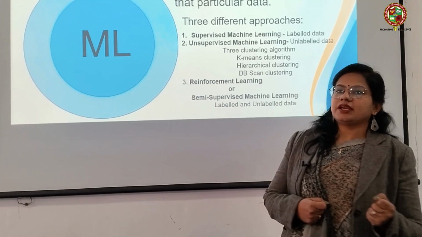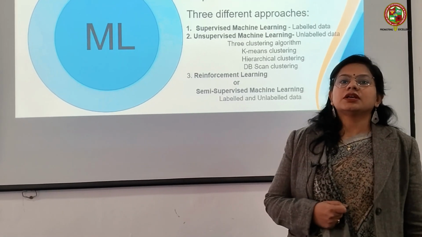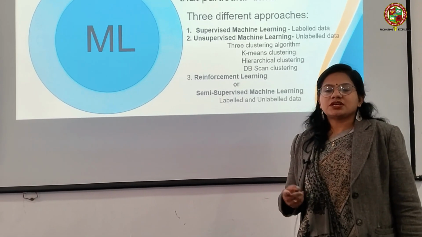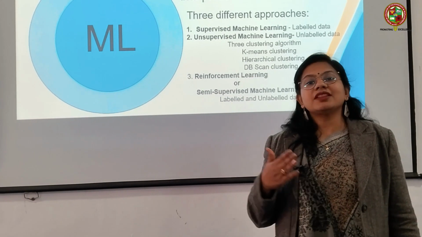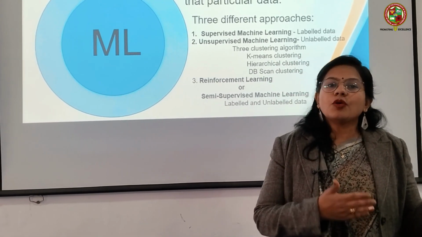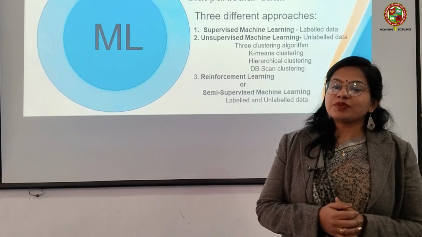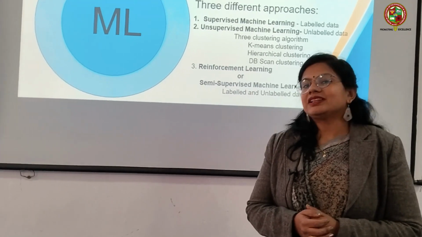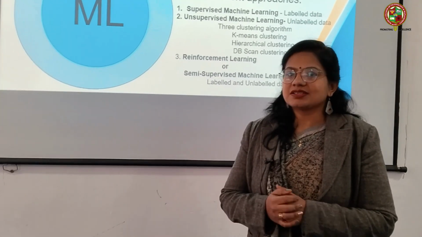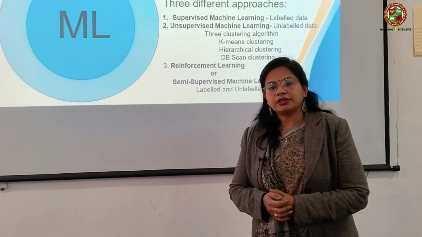Consider our data set with two features, let's say height and weight. Using these two features, we have to find out whether a particular person falls in the obese category or in the fit category. So in a supervised machine learning model, with the help of previous or past data, we create a supervised machine learning model.